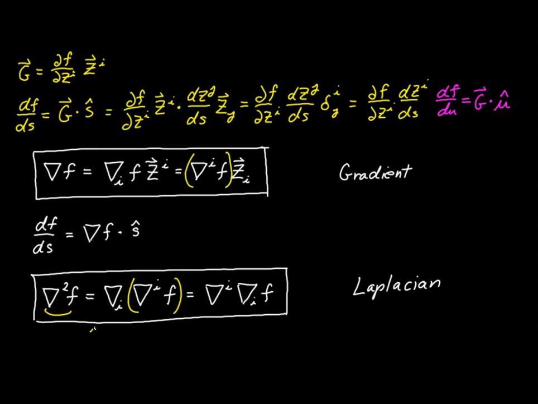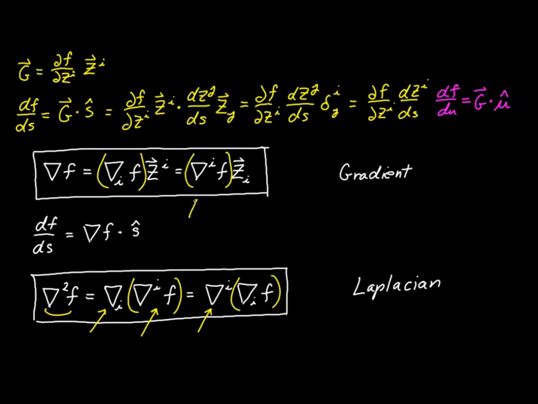So we're taking the covariant derivative of the contravariant vector component of the gradient. As the alternative, we're taking the contravariant derivative of the covariant tensor component of the gradient up here. So it's just the divergence of the gradient, and that produces a scalar function.